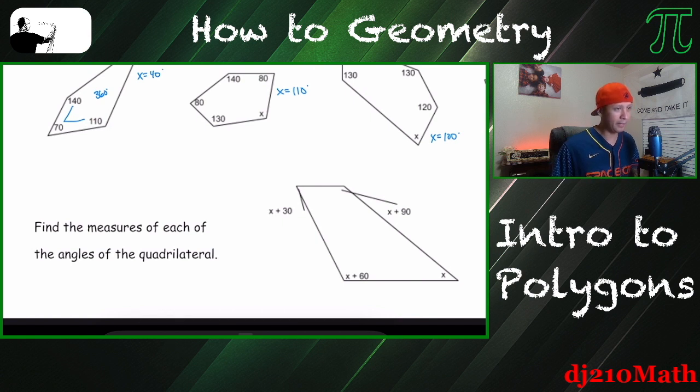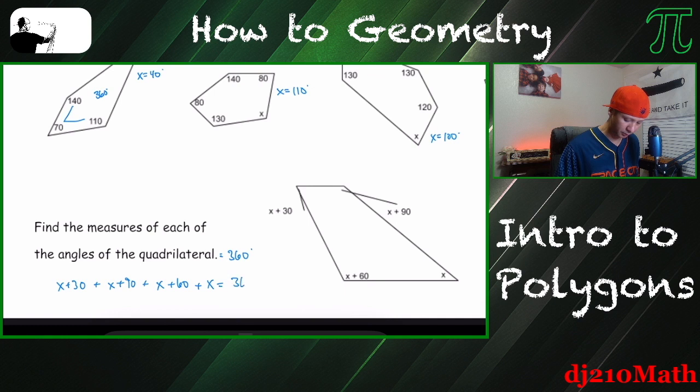Okay, so we want to figure out the measures of each angle in the quadrilateral. So quadrilateral is going to be 360 degrees. So that means I add all 4 of these up, and we're going to get 360. So x plus 30 plus x plus 90 plus x plus 60 plus x is equal to 360 degrees. Combine like terms. 1, 2, 3, 4 x's.